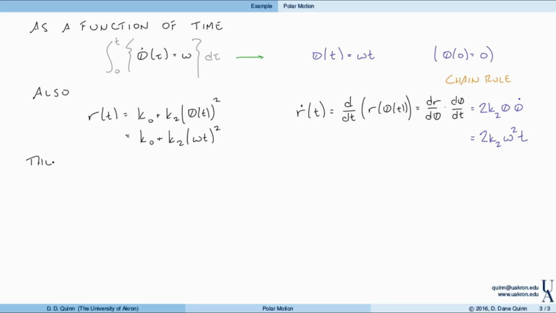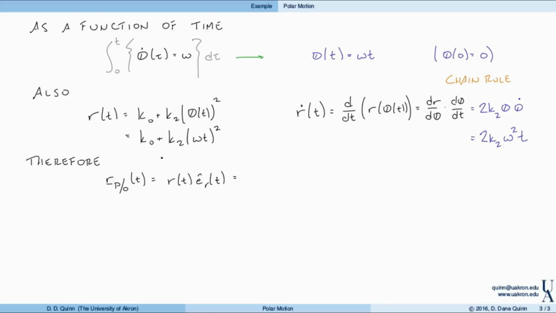So finally, we can solve for the position and the velocity. R of p with respect to O, again a function of time, is, according to polar coordinates, r in the ER direction. And remember that ER changes in time as well.